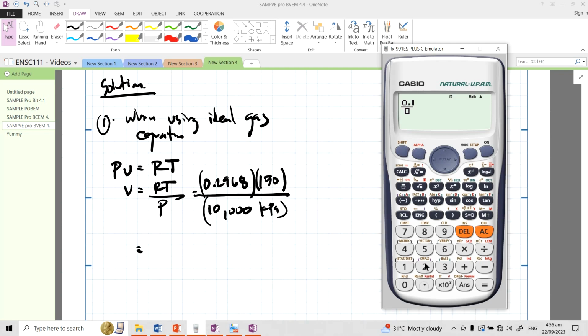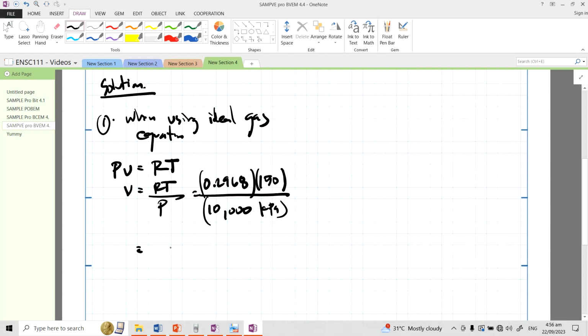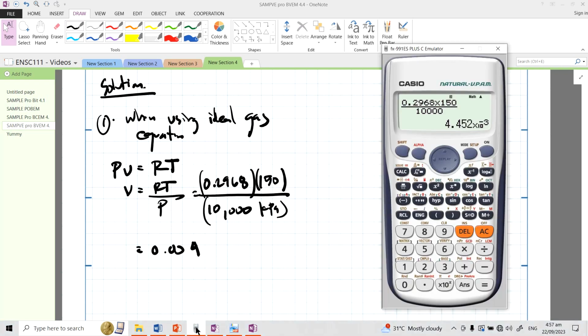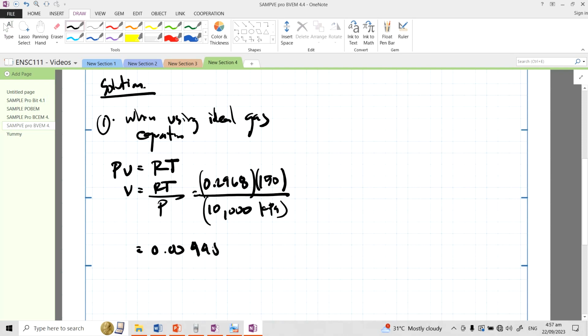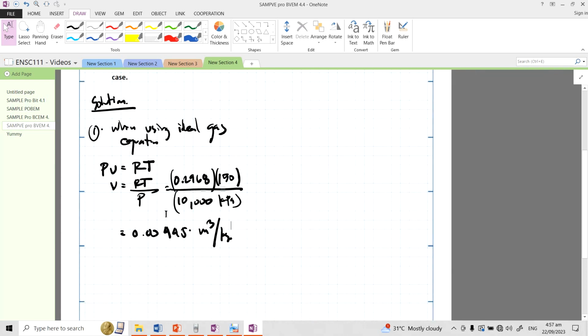So 0.2968 times 150 divided by 10,000. We have 4.45 times 10 to the negative 3, or 0.00445 cubic meter per kg.